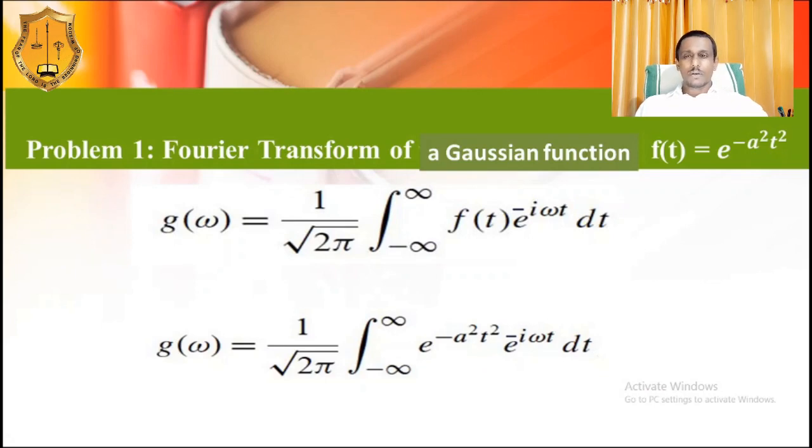Now coming to our problem, the Fourier transform of a Gaussian function. The function is given by f(t) equal to e raised to minus a squared t squared. So it's a Gaussian function.